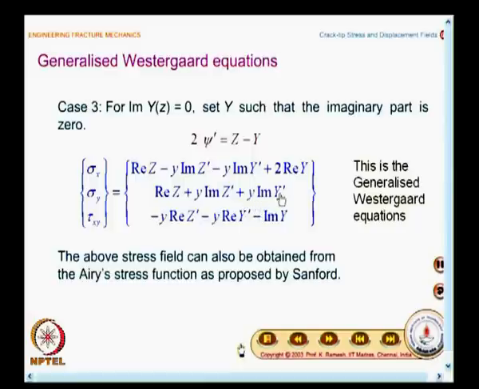So, this is an additional term in comparison to the Westergaard solution, and finally, you get tau x y equal to minus y real part of Z prime. Then you have two additional terms, minus y real part of Y prime minus imaginary part of Y.